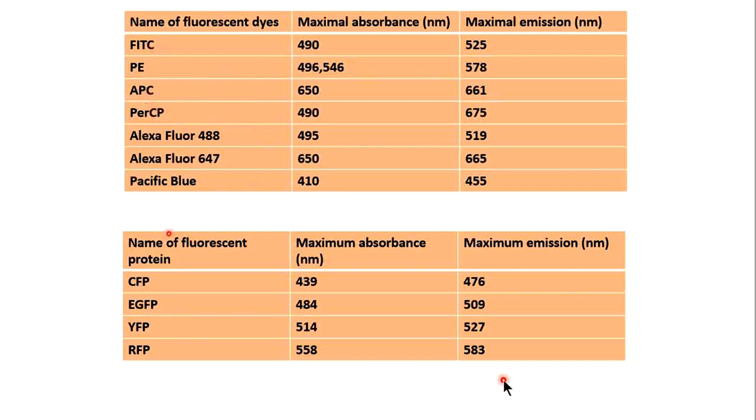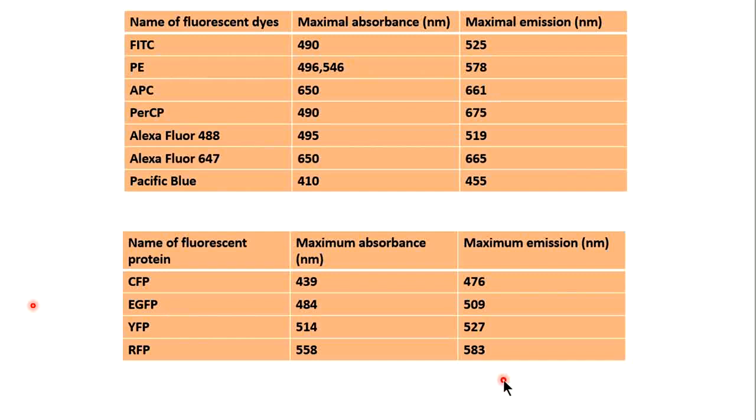There are so many dyes which you can utilize in your flow cytometry experimentation. Then there are some fluorescent proteins, as I said, CFP, EGFP, YFP, RFP and all. So this table is just telling you that you can utilize different colors of fluorescence and use them in your experiment.